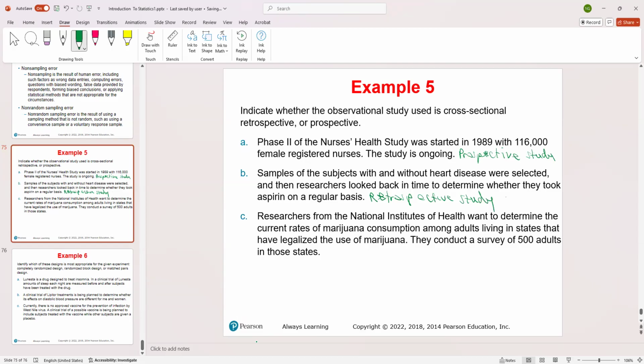Remember, we said cross-sectional data are observed, measured, and collected at one point, not over a period of time. They conduct a survey of 500 in those states, so that's at one point. We're going to consider this one cross-sectional, right?